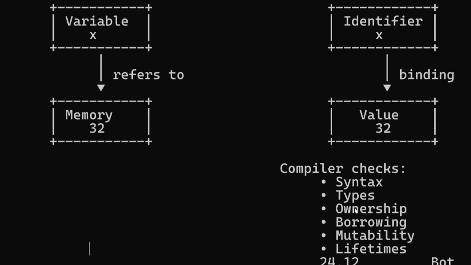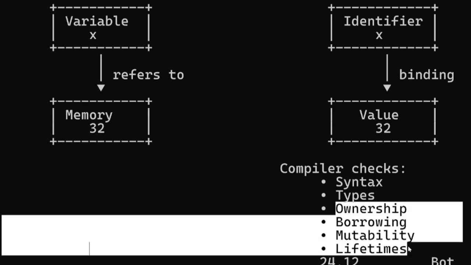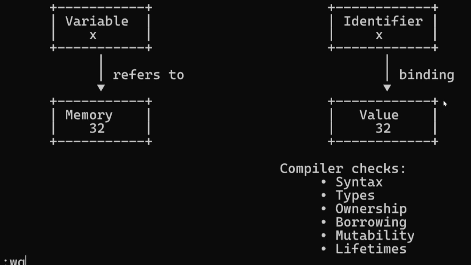All the rules we will cover in chapter 4, which is specifically designed for this. However, a few rules we will discuss in this video. For now, only remember that binding means compiler rules, apart from pointing to physical memory with a value.